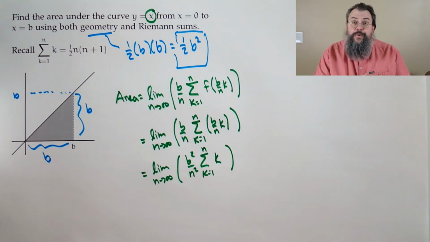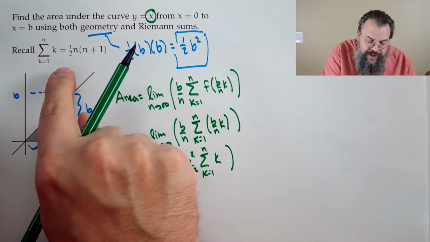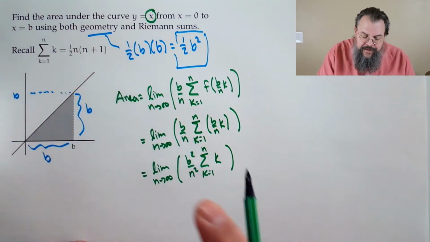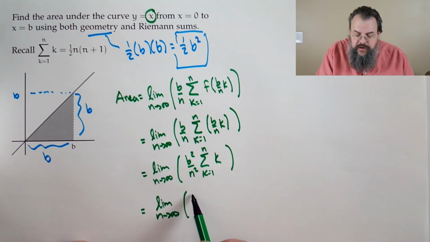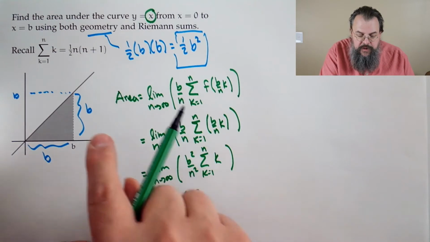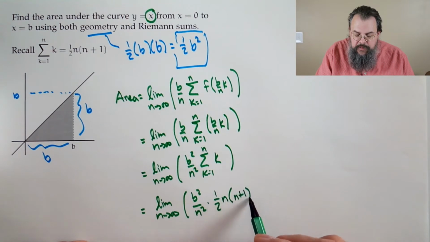Now, if we know what the sum from k equals 1 to n is of k, we'd be done. Well, we do. It tells us. There it is. So this is our limit as n goes to infinity of, there's still that b squared over n squared, and then this sum, by our rule here, we get 1/2 n times n plus 1.